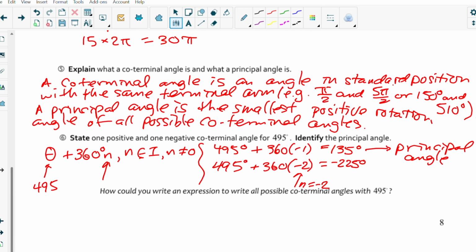How could you write an expression for all possible coterminal angles of 495 degrees? Well, we could just leave it in terms of the general form, theta plus 360n, where n is an element of all integers, n does not equal 0.